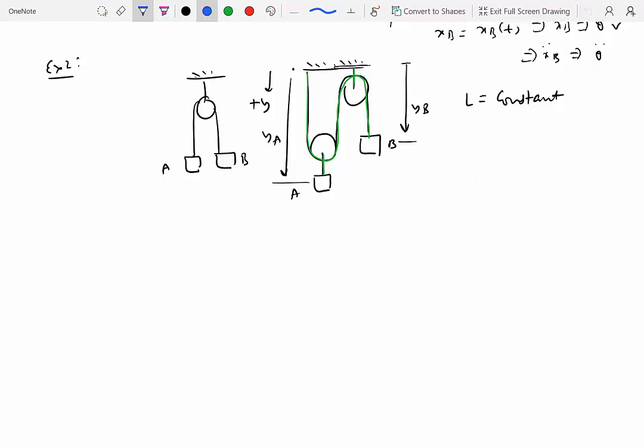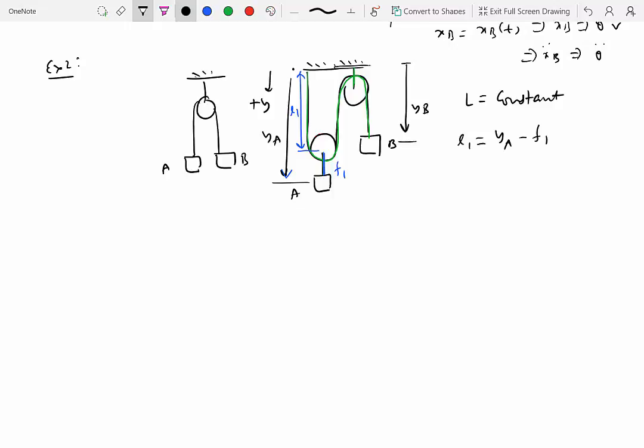Going from here to here, we will call it L1. So what is this L1? Well, L1 is equal to the position variable YA minus this length. Let's call this length F1, because this is actually a fixed length, it doesn't change. So L1 is equal to YA minus F1, where F1 is fixed.